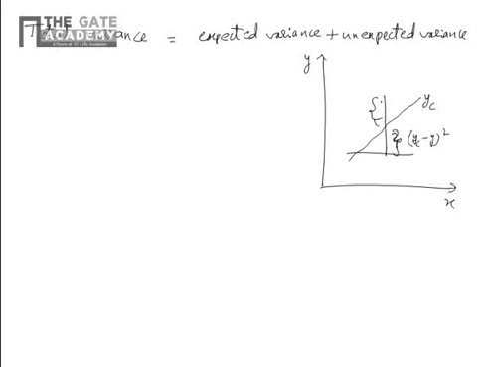This part is unexplained variance, y minus yc whole square. So total variance is y minus y bar whole square, where y bar is the average value, equal to yc minus y bar whole square plus y minus yc whole square.